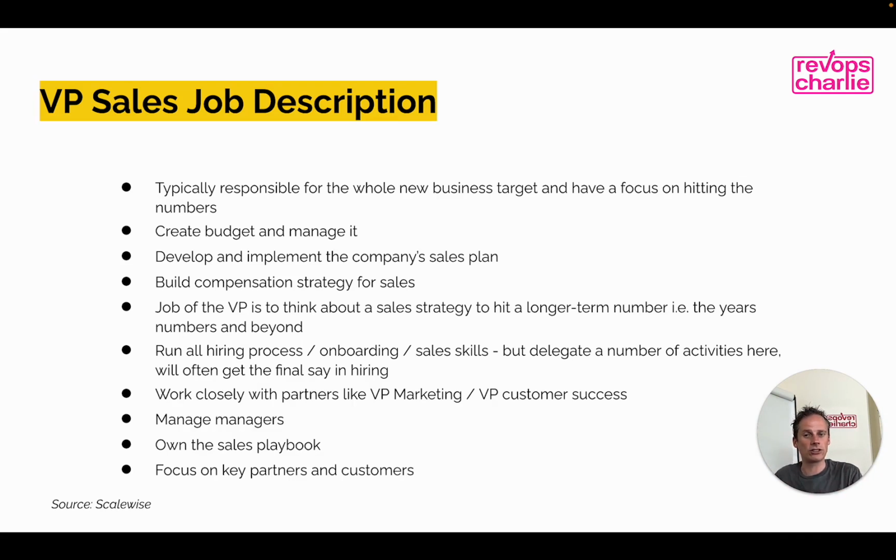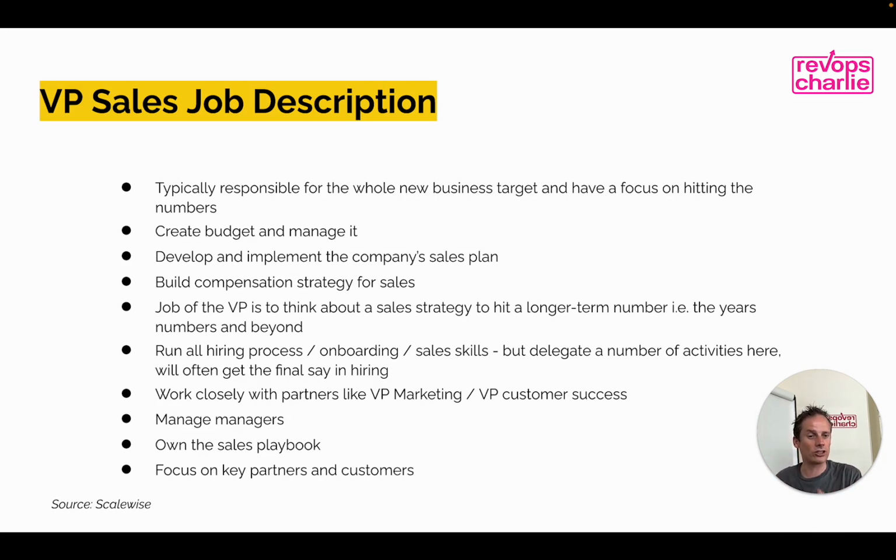They are starting to define a multi-quarter budget and plan and manage against it. They are developing a more structured compensation model for the different types of sellers. They are starting to become more of a leadership role.